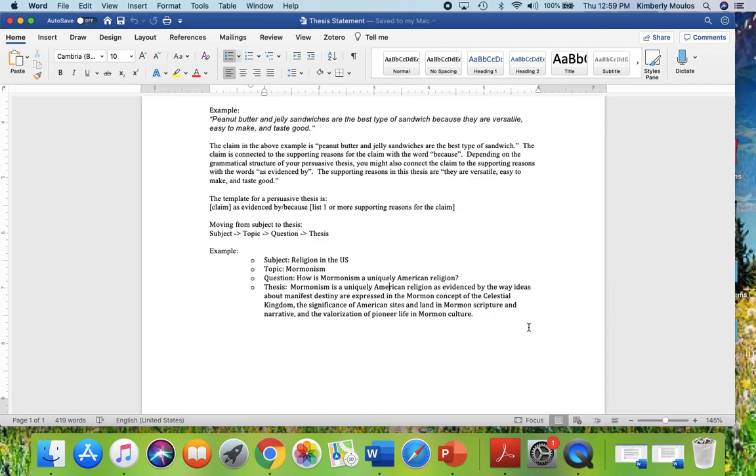Some other information would be also to remember that in an academic context, so for example, taking a class through Penn State, you need to kind of assume a neutral reader. So you don't want to necessarily assume that your reader has the same perspective as you.